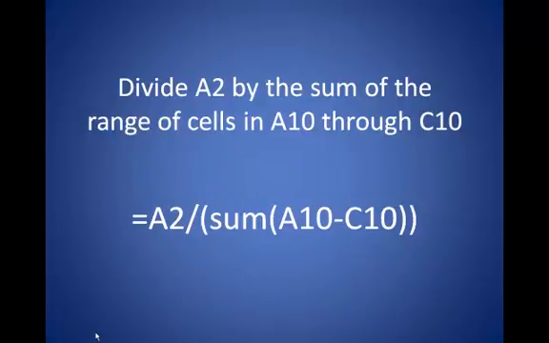Now here we have order of operation, because what we want to actually do first is sum A10 through C10. So we want to find that first, and then we want to divide by A2. So we have to remember the order of operations in this particular problem, or it's not going to work.